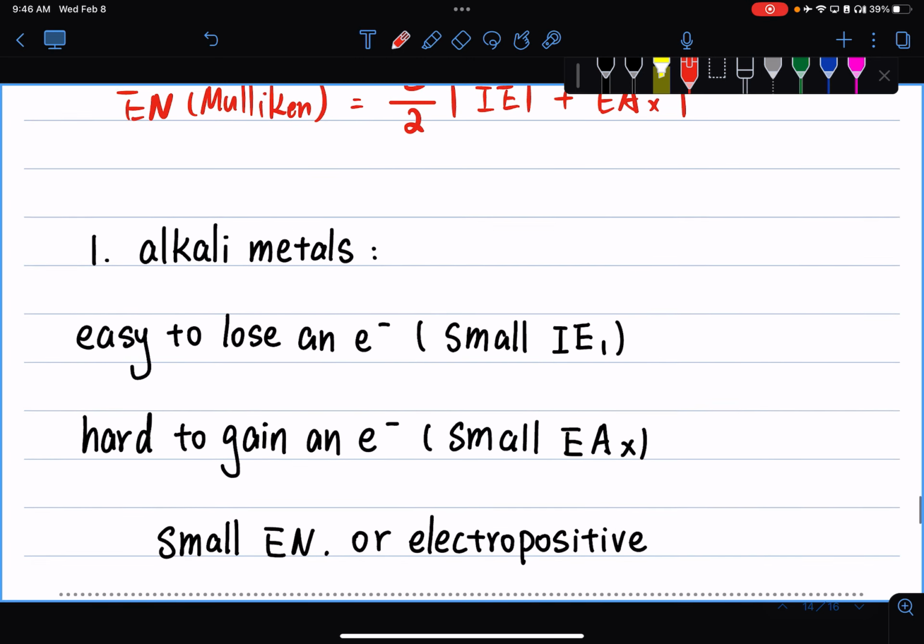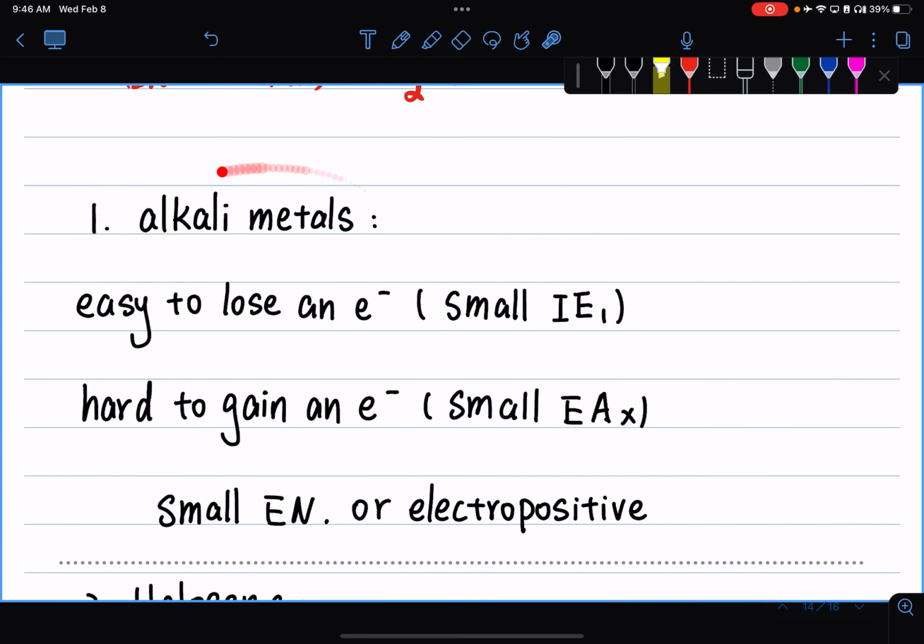So if we're looking at the alkali metals, our group 1 elements, it is very easy for the alkali metal to lose an electron, right? It has a valence electron in s1. So we're expecting it to have a very small ionization energy.